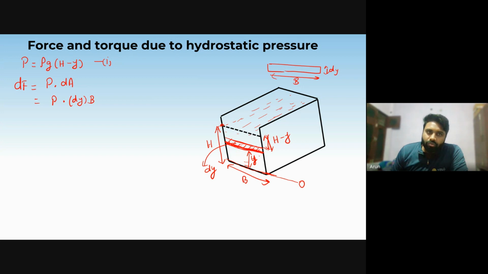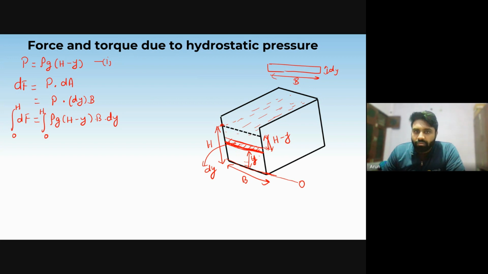Got it? You know the value of pressure initially. So dF will become rho g (H minus y) into b into dy. Now what you need to do is integrate it from 0 to H.